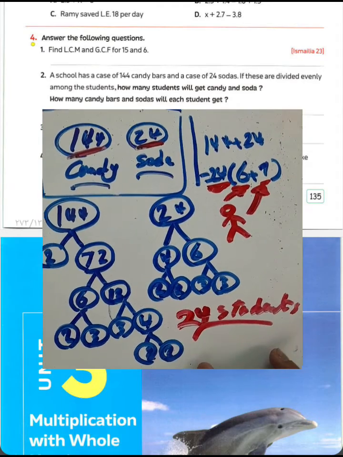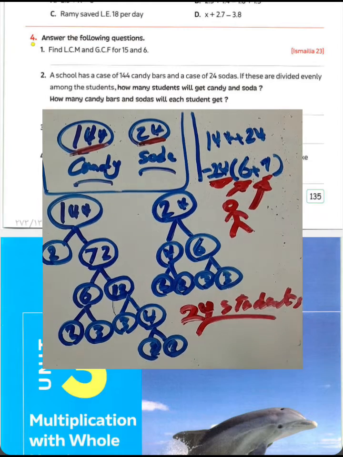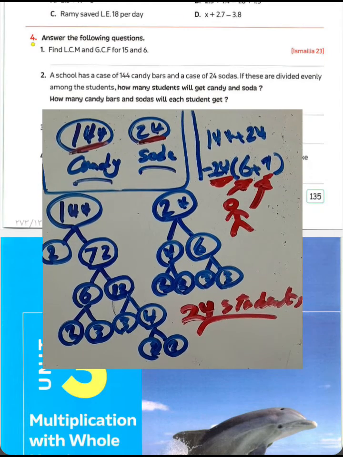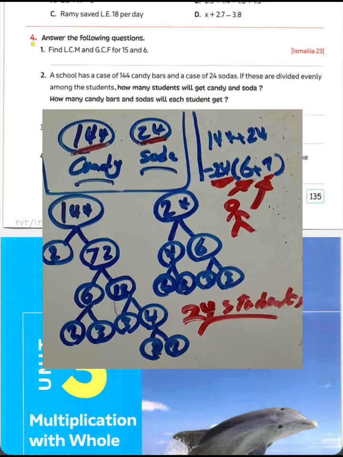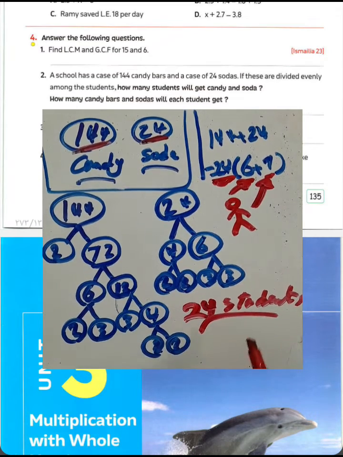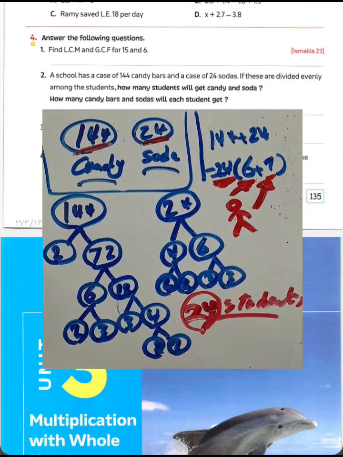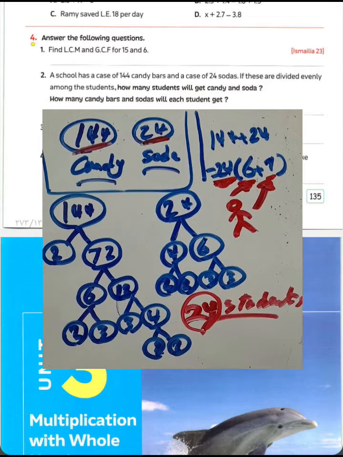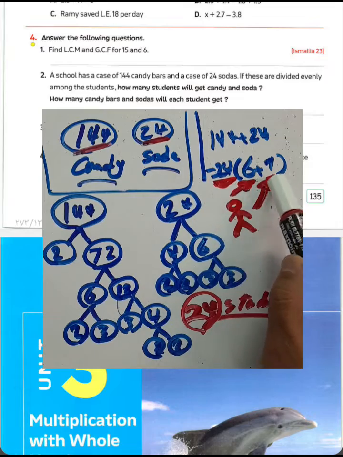Each one will get 6 candies and 1 soda. Understood this example? We solve this example by using what? The greatest common factor. The number of students will be 24, and each student will have 6 candy bars and 1 soda.